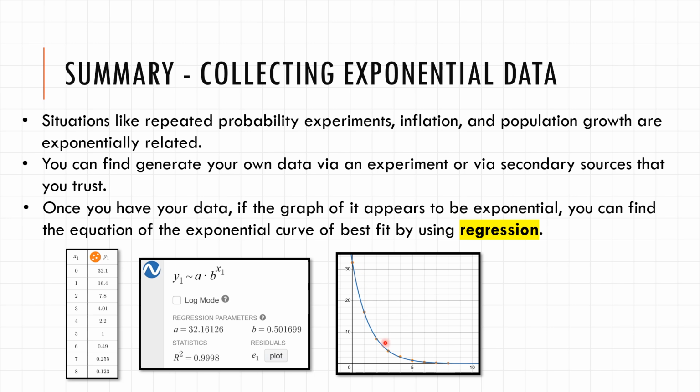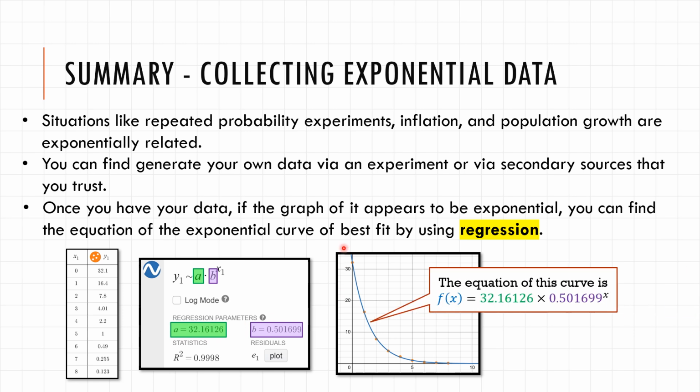Notice this is the blue curve that very closely matches all of these orange dots. And the values that will create this curve are a equals 32.1626 and b equals 0.501699, exactly the way you see here. So the equation of this curve is a times b to the power of x.